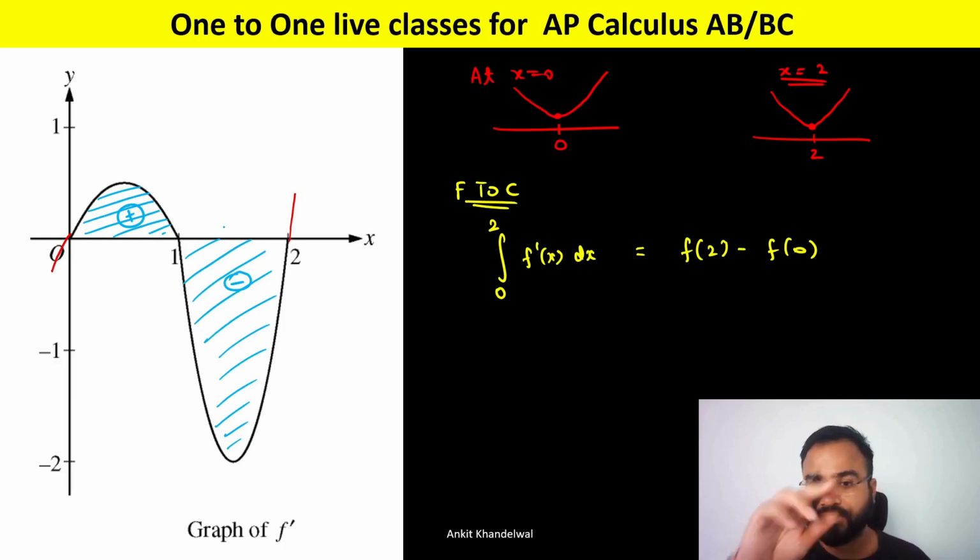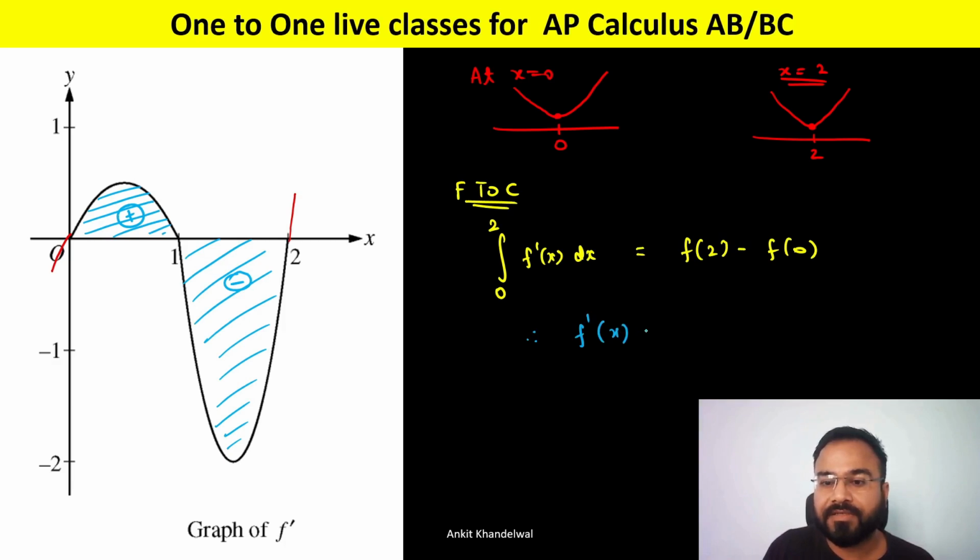The region occupied from 1 to 2 is larger as compared to the region occupied from 0 to 1. So if you add both of them, the answer will still be negative. Therefore the integral of f dash x from 0 to 2 will be negative because the negative region is more than the positive region.